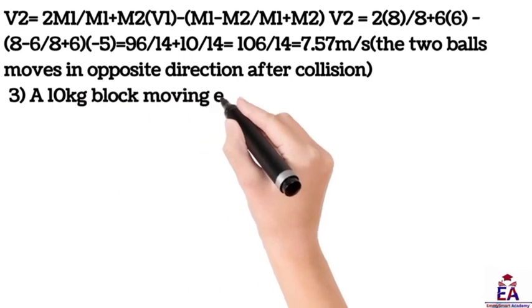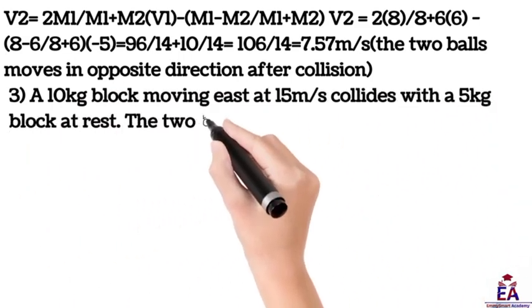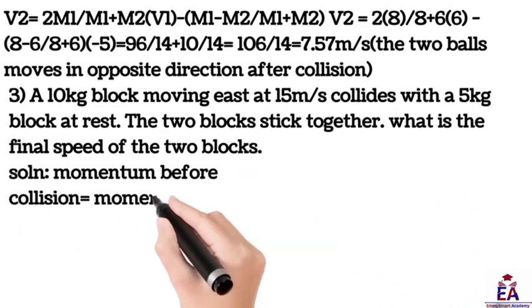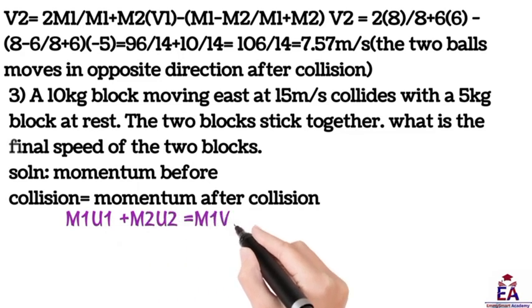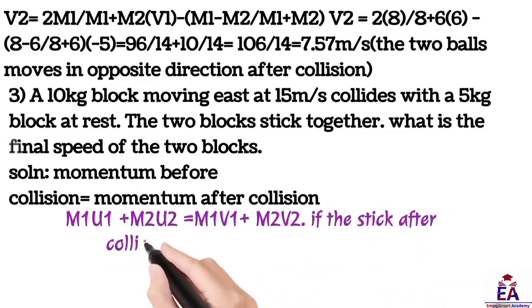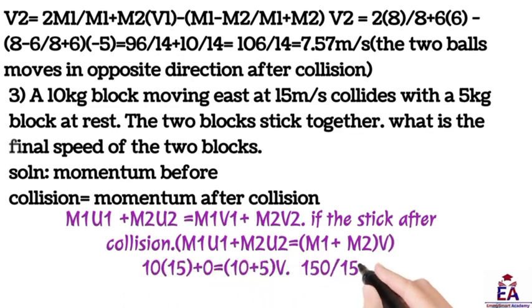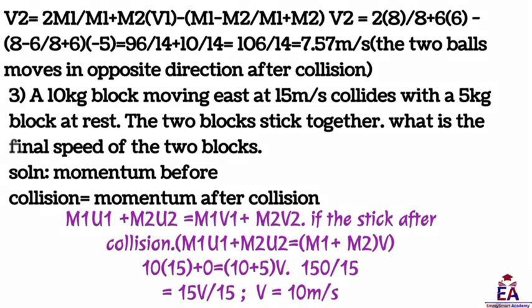A 10 kg block moving east at 15 meters per second collides with a 5 kg block at rest. The two blocks stick together. What is the final speed of the two blocks? We have M1U1 plus M2U2 equal to M1V1 plus M2V2. If they stick together after collision, they have a common velocity.